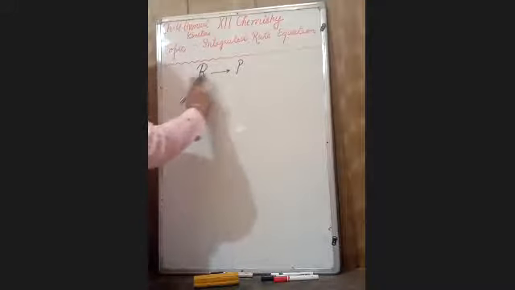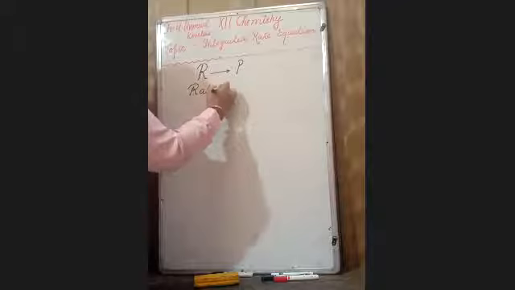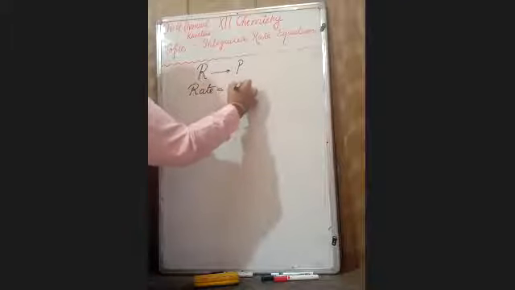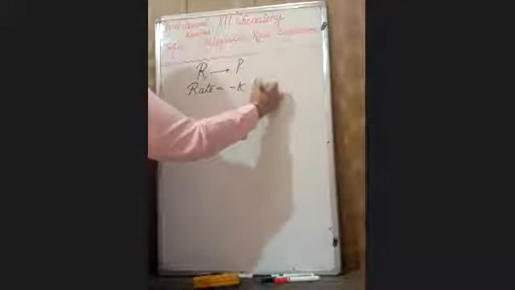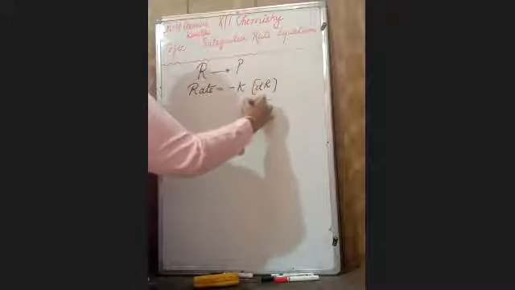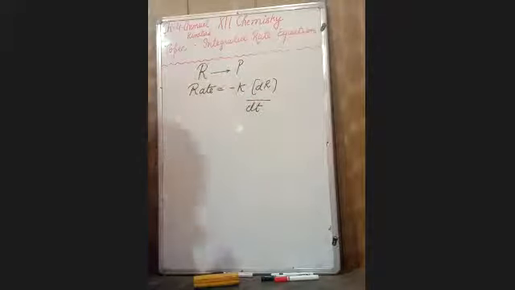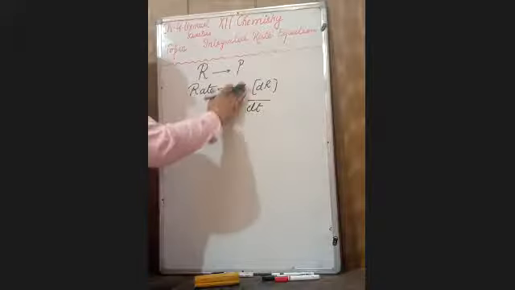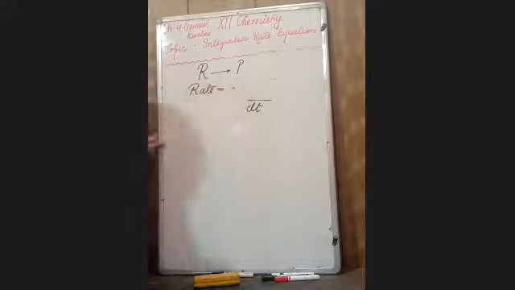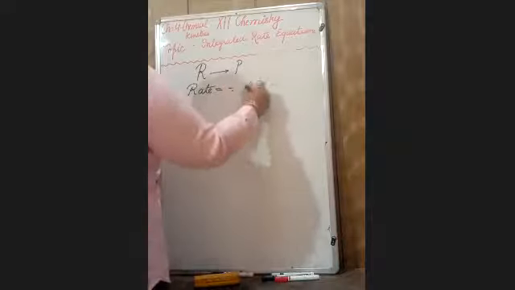So, what will be the rate for this reaction? Rate is equal to k. Minus dR over dt is equal to k.